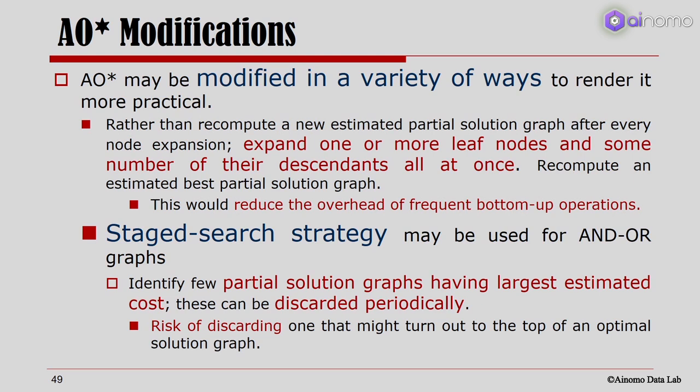These we could keep on discarding periodically, but doing this has a risk: the risk of discarding one that might turn out to be the top of an optimal solution graph. Having said that, the general AO star algorithm with its 2 operations, the top-down and the bottom-up intertwined, gives us the best optimal solution to an AND/OR graph.